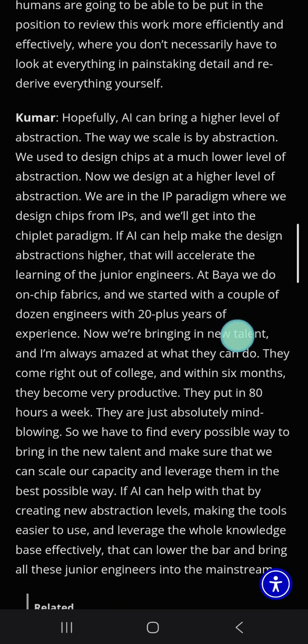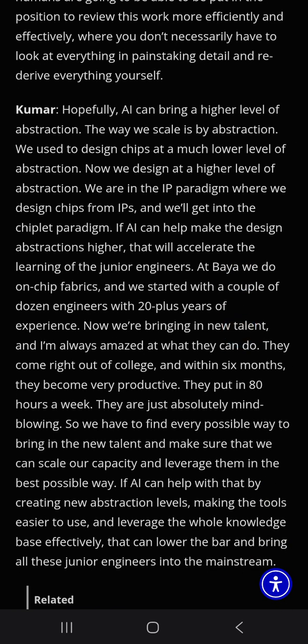At Baya, we do on-chip fabrics, and I started with a couple dozen engineers with 20-plus years of experience. Now we are bringing in new talent. I'm always amazed at what they can do.